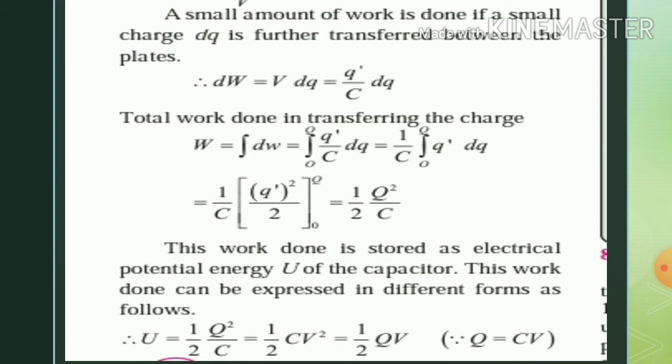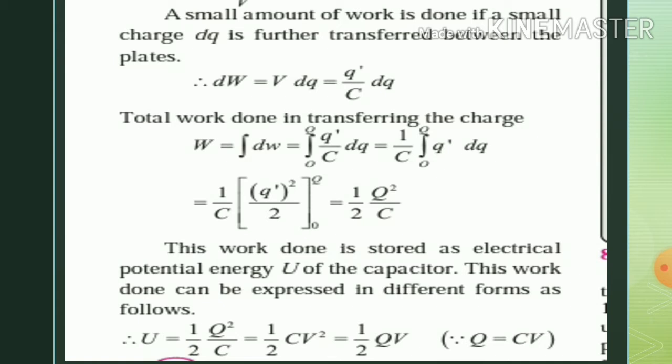This work done is the complete charging process of the condenser or capacitor.